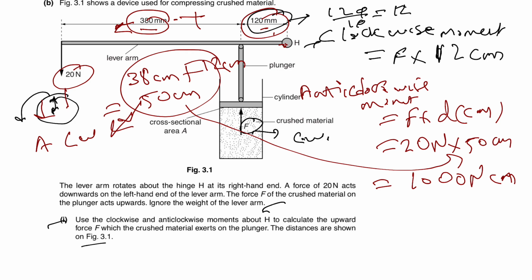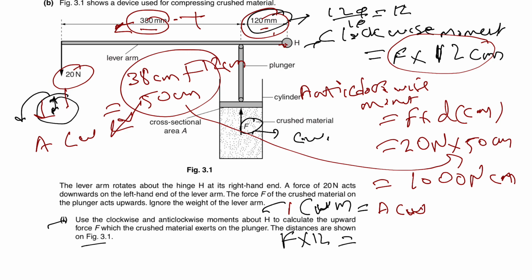Now, clockwise moment equals anti-clockwise moment. The clockwise moment is F into 12, which equals the anti-clockwise moment, 1000.